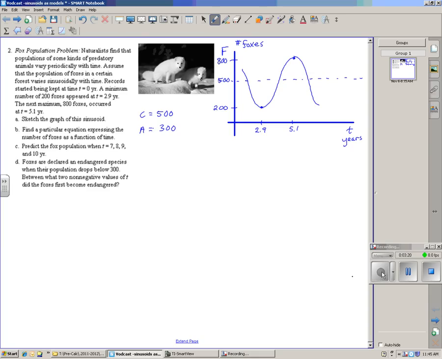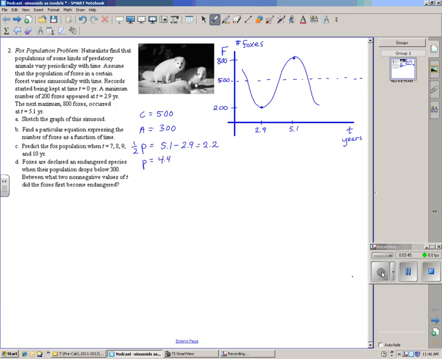The period is, well, 1/2 the period is equal to 5.1 minus 2.9, which is equal to 2.2. And so the period is equal to twice that, which is 4.4.